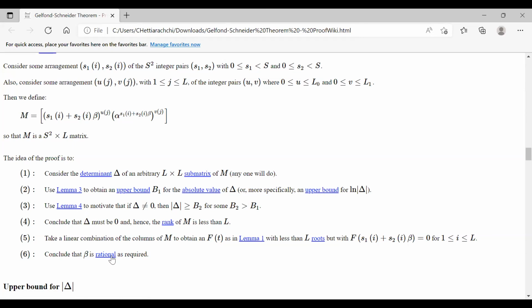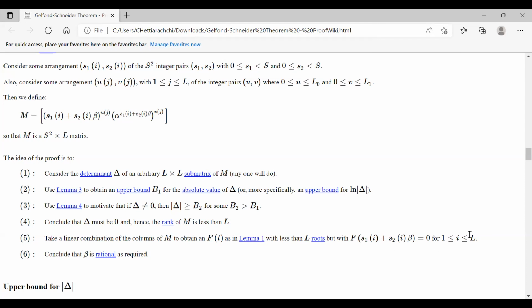Then we conclude that delta must be 0 and the rank of M must be less than L. This is from linear algebra. So take a linear combination of the columns of M to obtain that F(t) as in lemma 1 with less than L roots, but we have how many roots here?